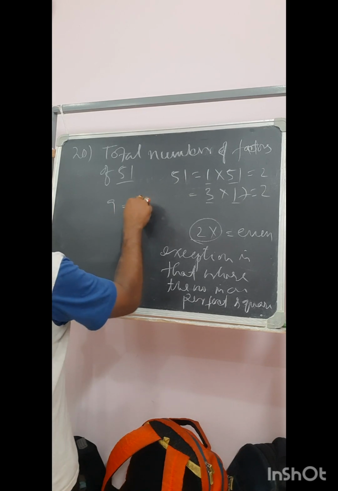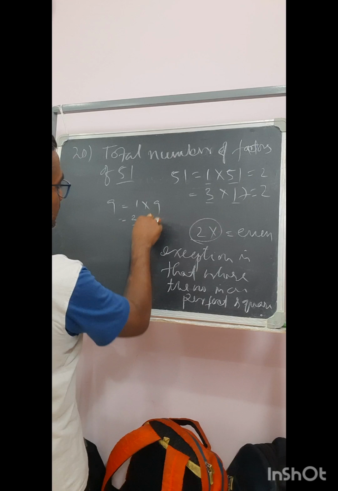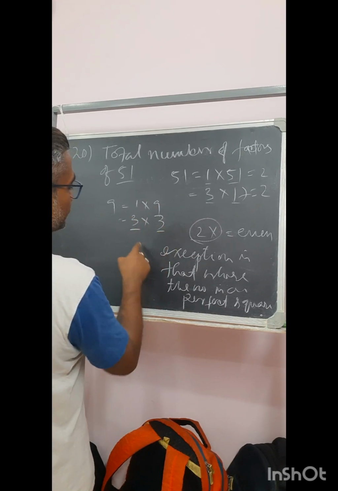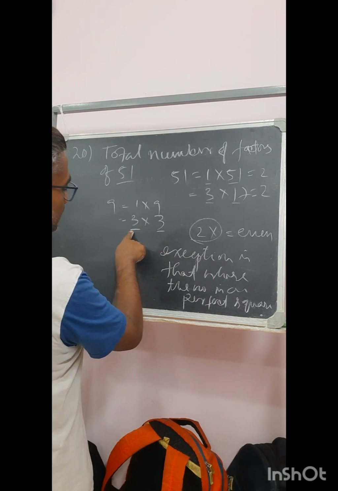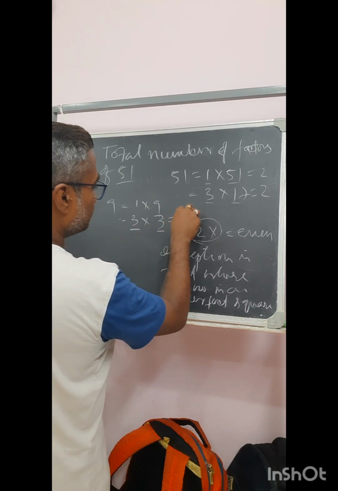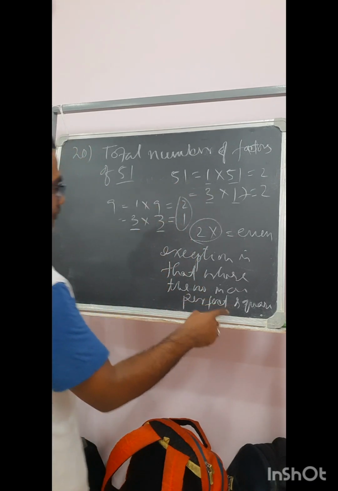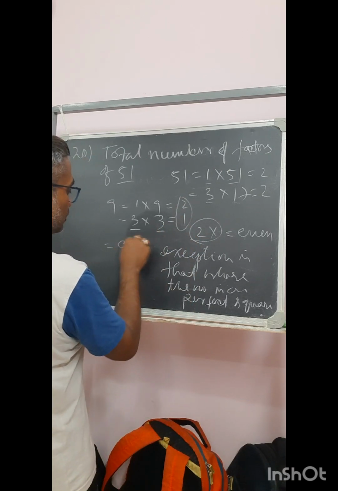So 9, 1 into 9 are two factors, then 3 into 3 is another factor, and if you reverse it, in this case you see the things are the same here. That means you cannot count 2 here. It has to be counted 1. Here it is 2. So that means for a perfect square, the number of factors should be odd.